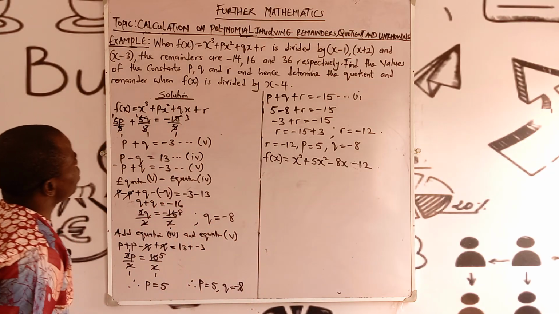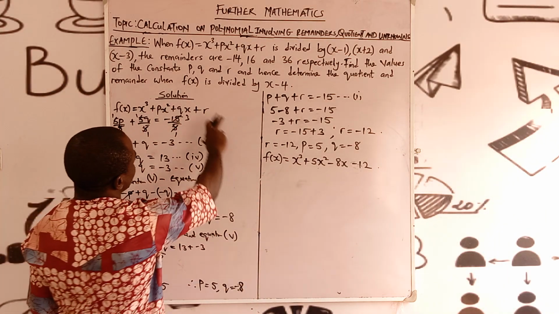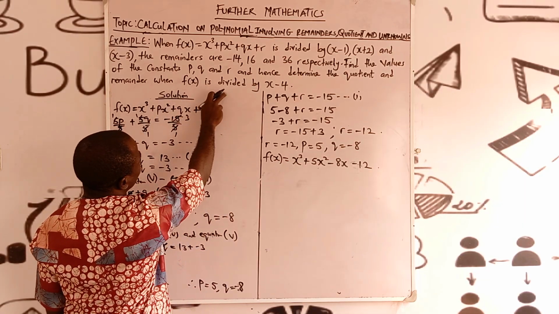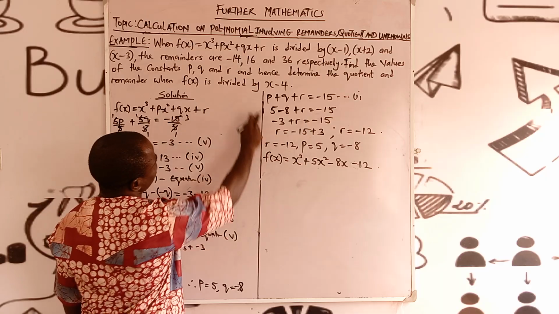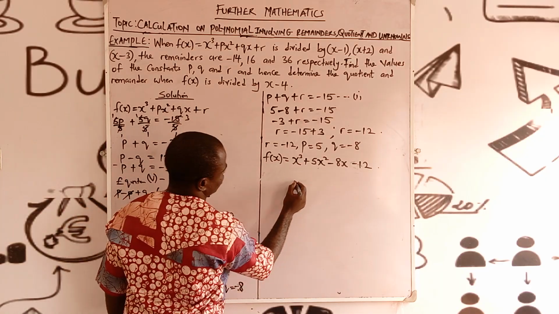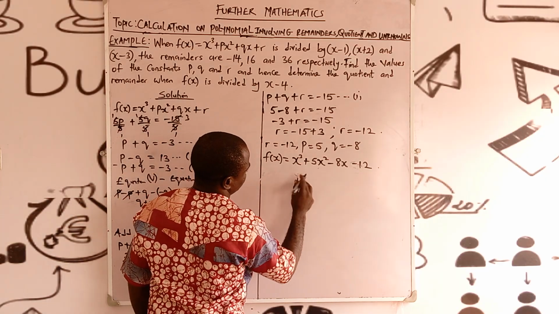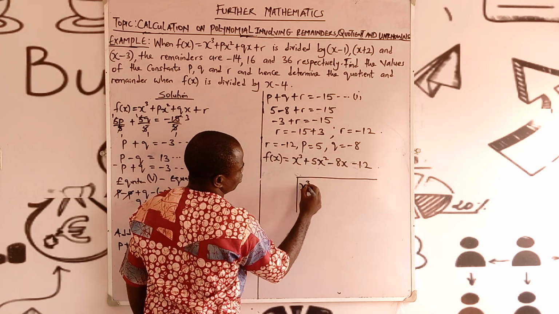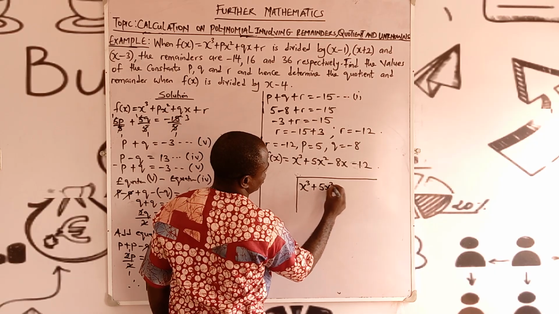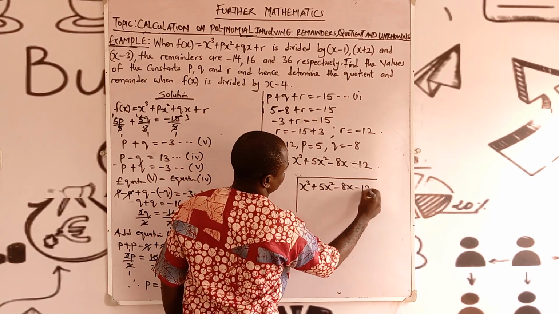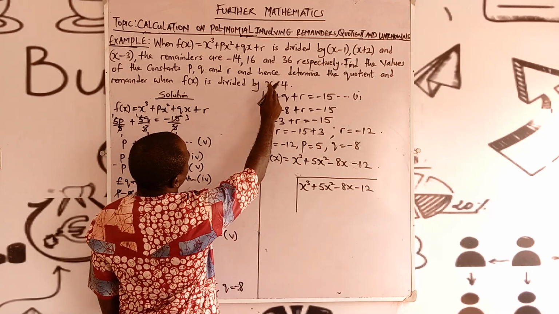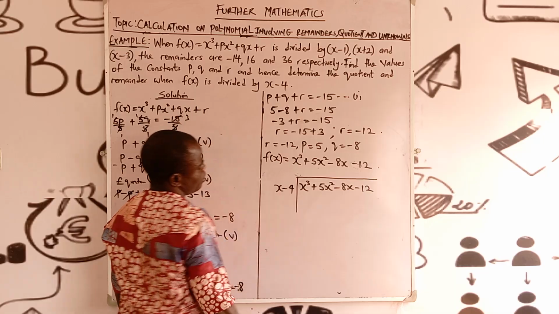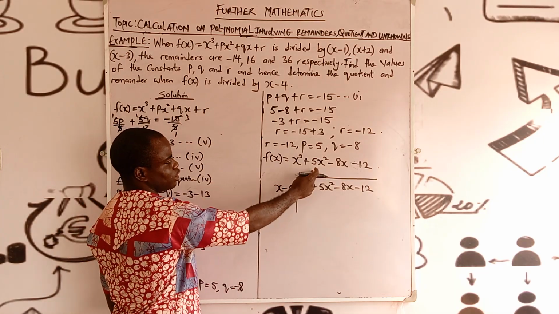We have found the unknowns p, q, and r, and let's determine the quotient and remainder when f of x is divided by x minus 4. This is our dividend, and our divisor is x minus 4.